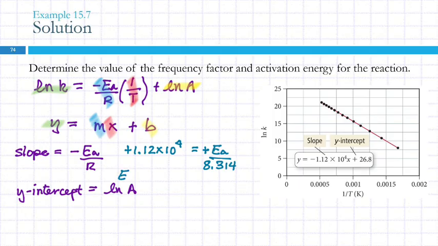So EA is going to equal 1.12 times 10 to the 4th times 8.314. The calculator says 93116.8.